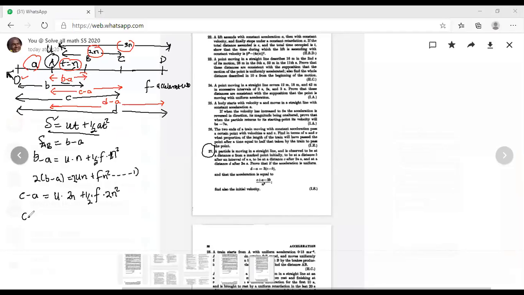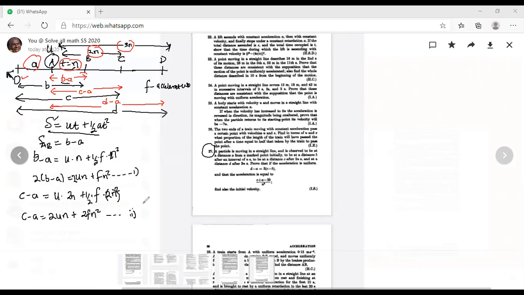This will give me c minus a is equal to 2un plus 2fn squared. This one was squared like this, gave us 4. The 4 divided by the 2, you remain with the 2. That's how I come up with this equation. So this has given me equation 2.